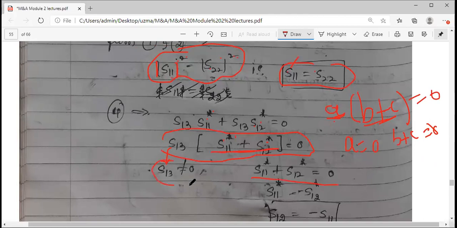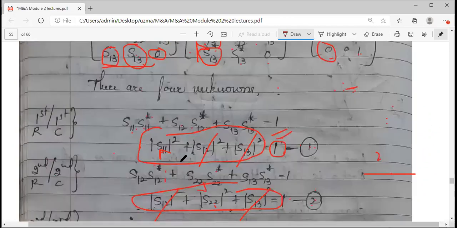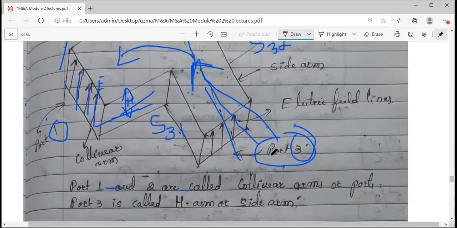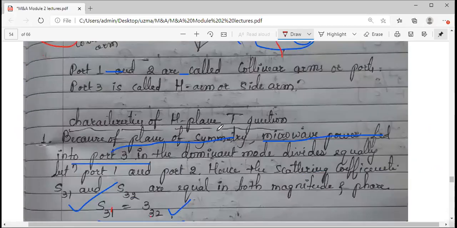Out of which I cannot make S13 0. Why? We have already seen in the structure that when power enters from port 3, it gets equally divided. So how can this power be 0? S13, which is symmetrical, that is S13 and S31 both are symmetrical, right? So practically speaking, it cannot be 0. Power divides among the collinear arms.